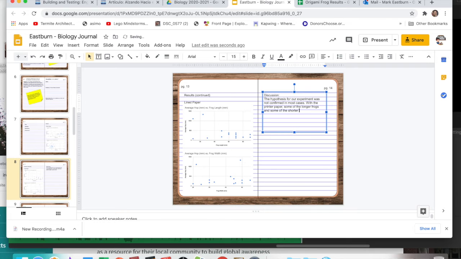With the printer paper, some of the longer frogs and some of the shorter frogs had the longest leaps. I think we could say that.